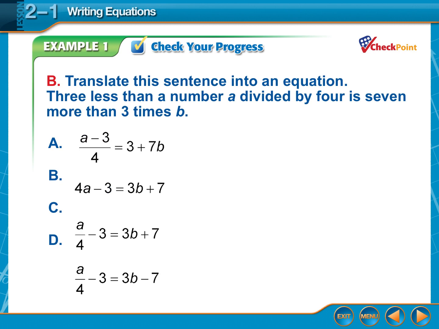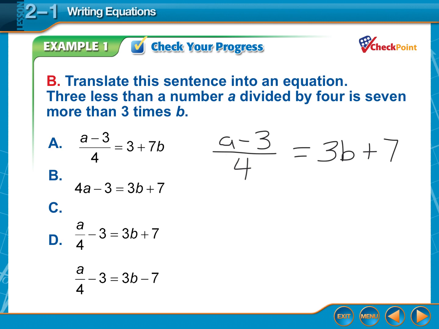All right, do this one. 3 less than a number a divided by 4 is 7 more than 3 times b. What does less than mean? Flip. Subtraction, flip. How do I write that over 4? Is, what's is? Equals. 7 more than 3 times b. So 3b plus 7.